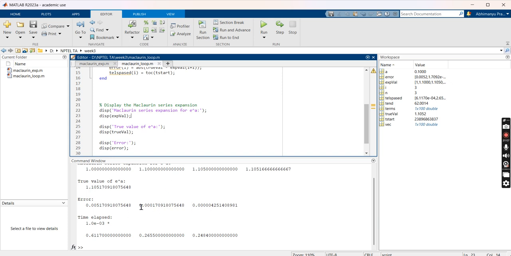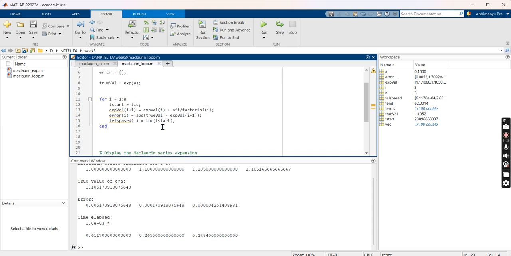Each increase in number of terms, our error decreases, right? Furthermore, our computational time also increases with start.